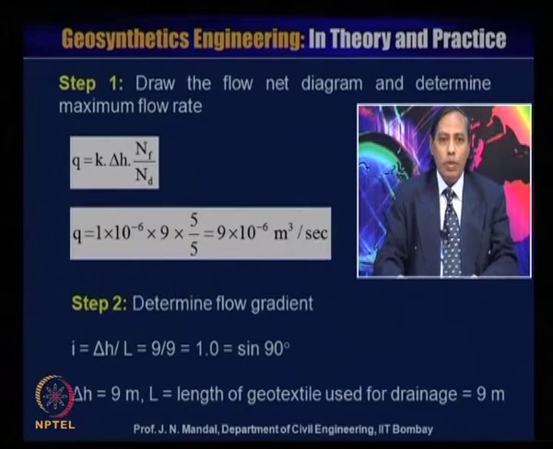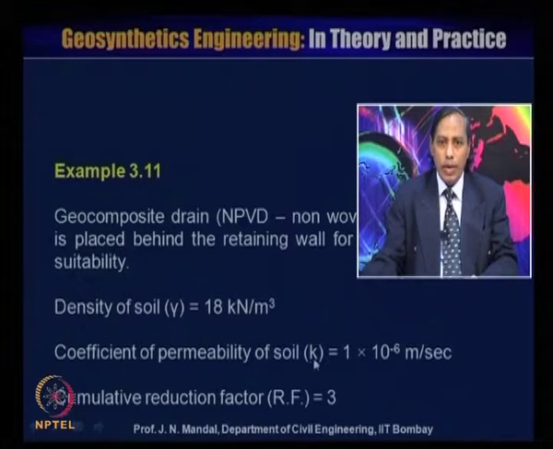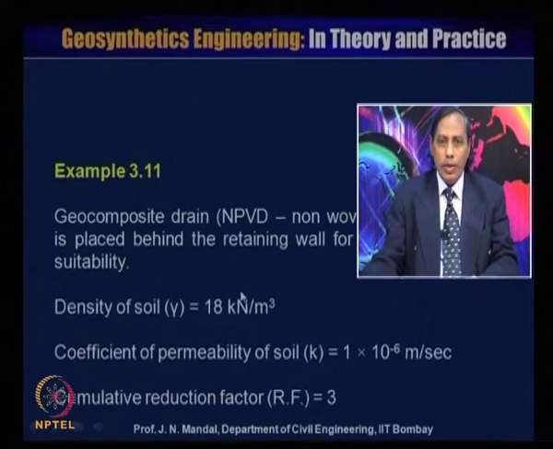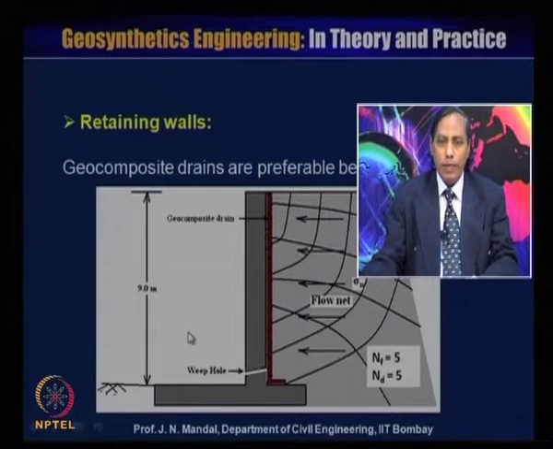Step 1: draw the flow net diagram and determine the maximum flow rate. Q is equal to K into delta H into NF by ND. K, the coefficient of permeability of the soil, is 1 into 10 to the power minus 6 meter per second, and delta H, the height of the wall, is 9 meter.